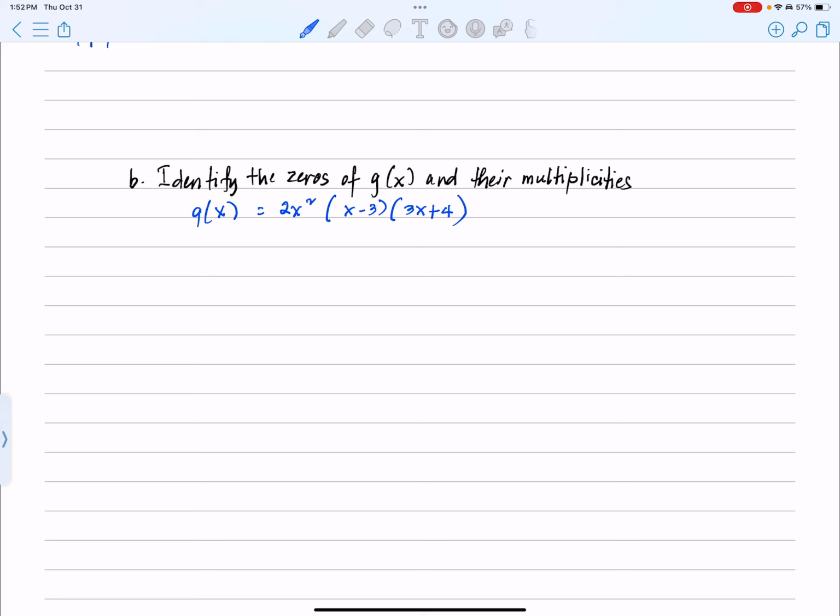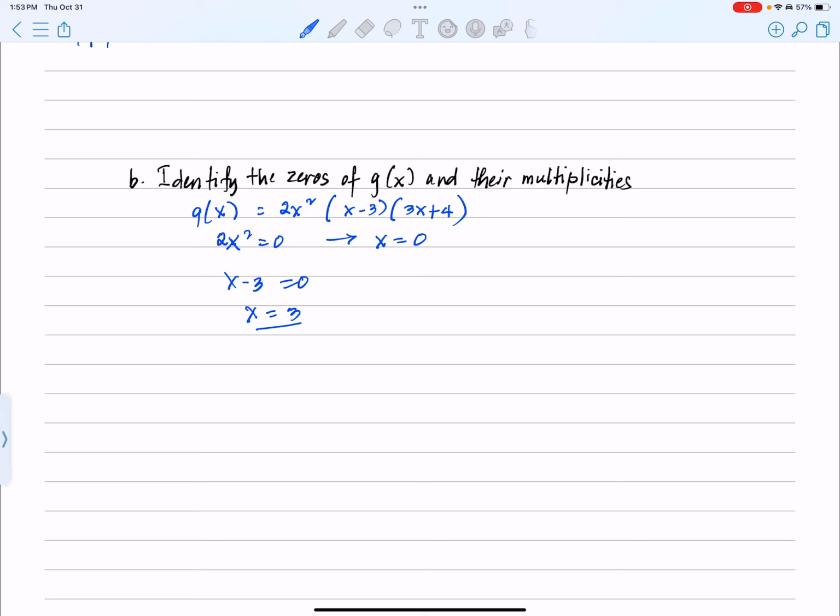So we can start equating each one to 0. Of course, x equals 0. Then, what's the other one? x minus 3 equals 0, x equals 3.